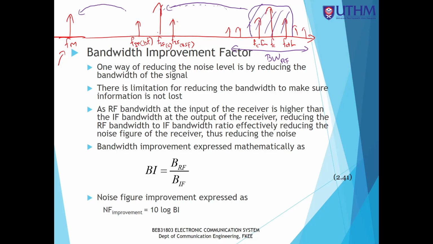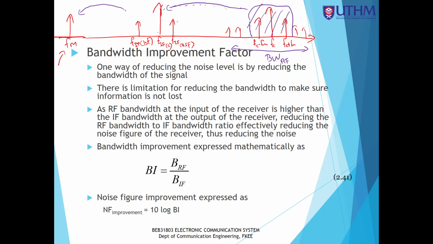So the process of demodulation does not happen straightforward. The frequency needs to be down converted into intermediate frequency, pertengahan, and then we can do the demodulation to produce the lower frequency, which is FM. This is the process inside the receiver. There's an intermediate frequency, frekuensi pertengahan. Dia tidak lompat terus kepada FM.